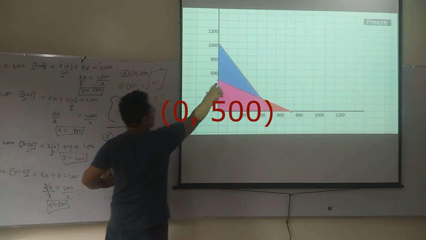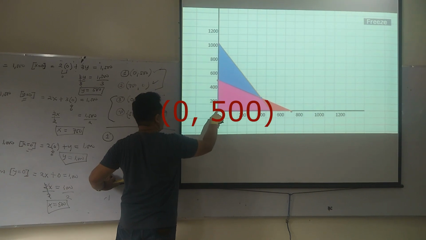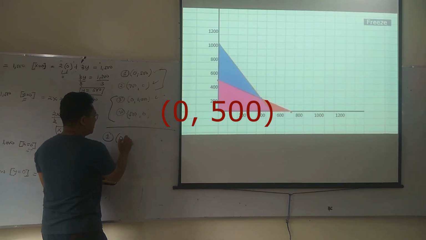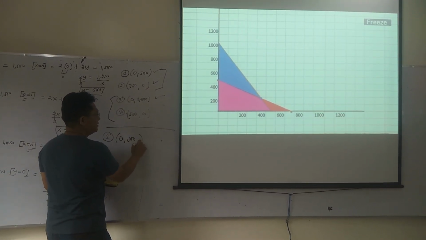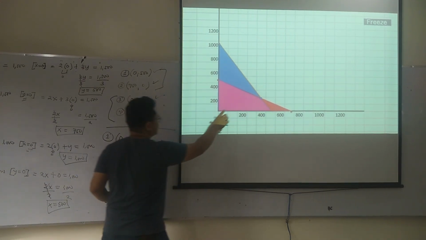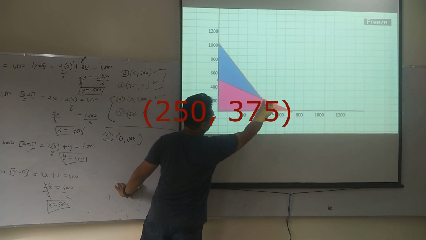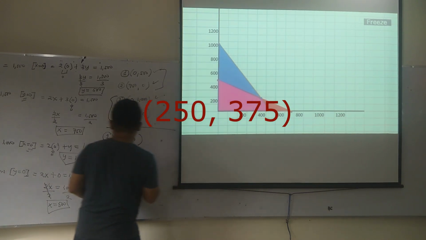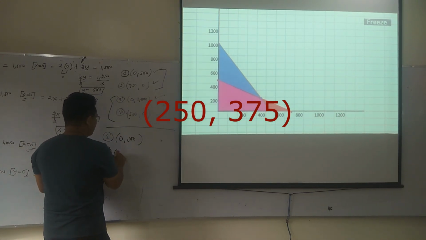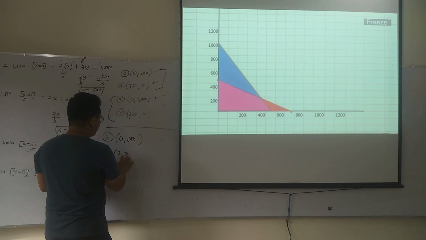It is 500 here, y is equal to 0. So 0, 500. Another point here is, so it's about 200, so this is 250, that is 400, so 375. So this is 250, 375.